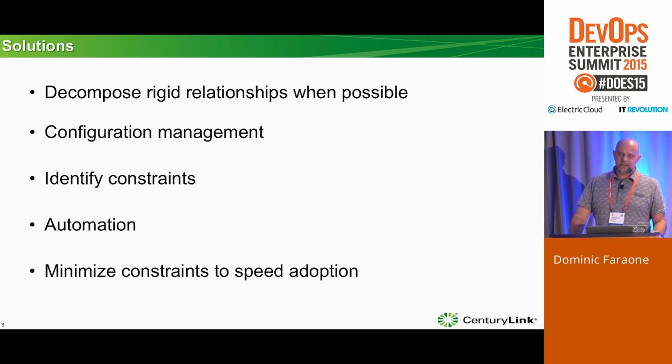Minimizing the constraints is really giving my clients, the developers and the business users, the product owners, what they need. I don't want to go to them and say, hey, I built you this new thing, here's all the things you have to change to use the way I've done this. There's going to be pushback.